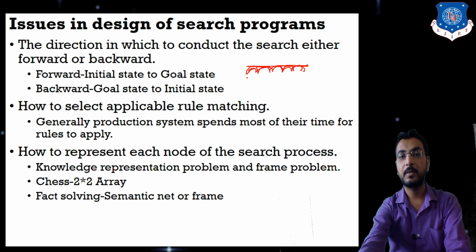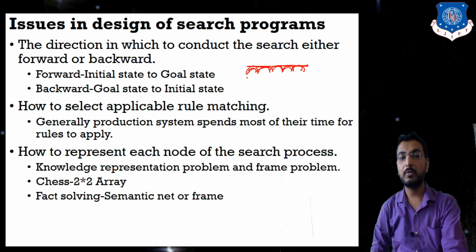Let's say how to reach each node of the search procedure. So, knowledge representation problem and frame problem. These are the two representation techniques using which you will be able to select one representation technique.